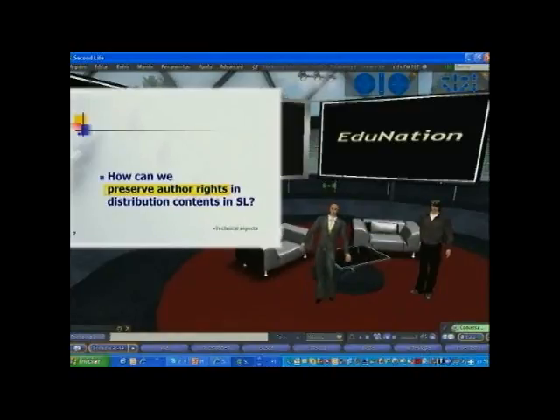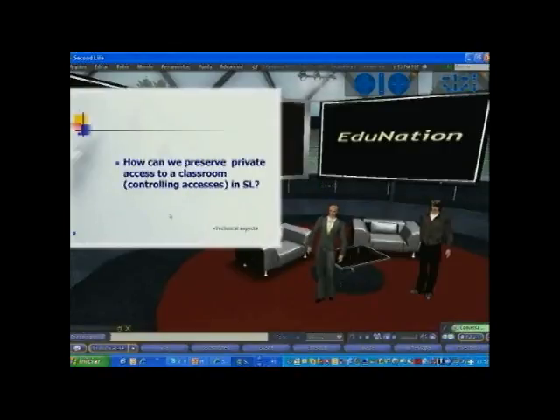Because this is related with another situation, which is, can you control the entrance of a classroom in Second Life as well? If you cannot control, it's an open classroom. You cannot do much about it. Is that so? This is another situation and another question, which is important.